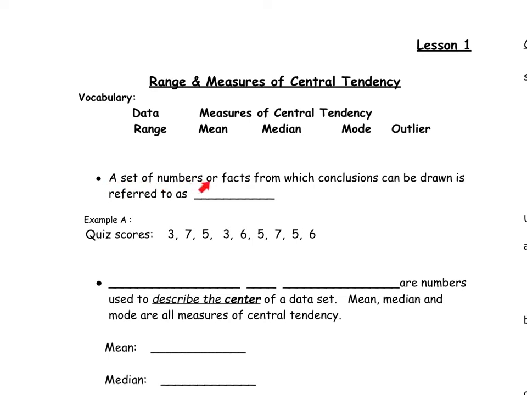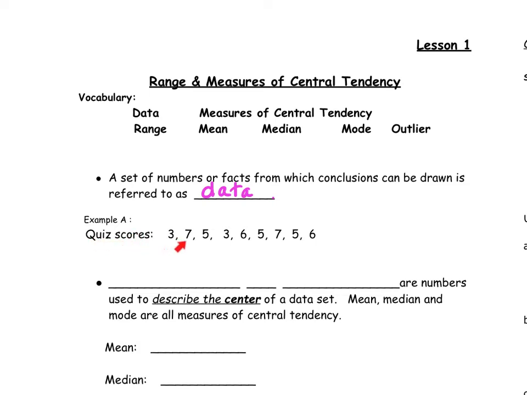A set of numbers or facts from which conclusions can be drawn is referred to as data. So let's write that. You can pronounce it data if you prefer. I know we all have preferences for how we pronounce it. This example here is very common; we work with data as teachers and as students all the time.